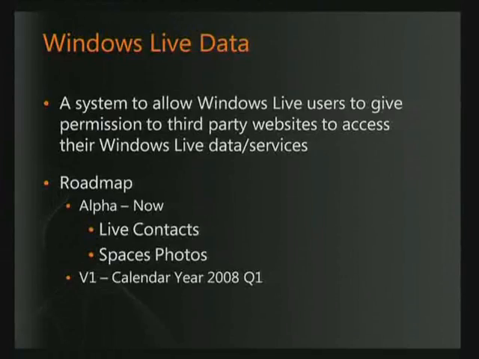Right now it's sitting at alpha, and it only does 2 data sources. It does Live Contacts and photos. But around the MIX timeframe in March, we'll be shipping this as a 1.0. That's the current target. And we'll be adding a lot more data services in the back end as well. So additional things that you could go and access using this delegation framework.